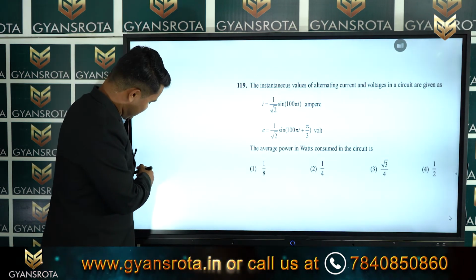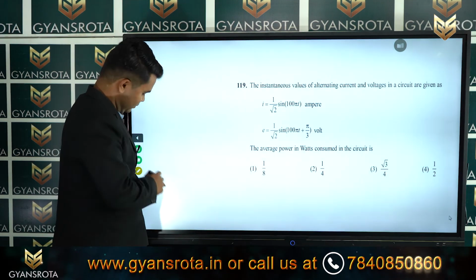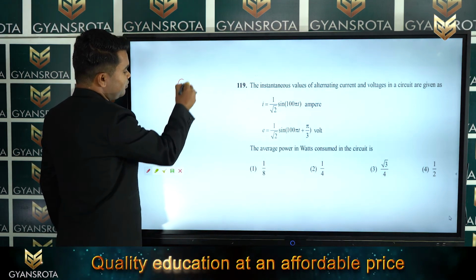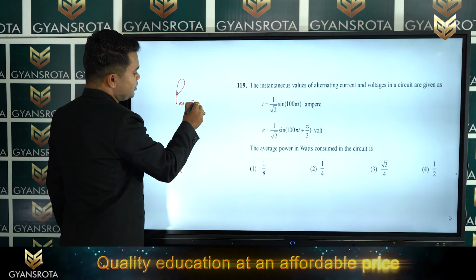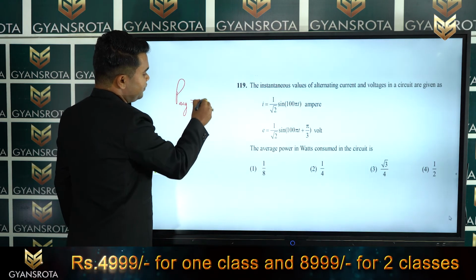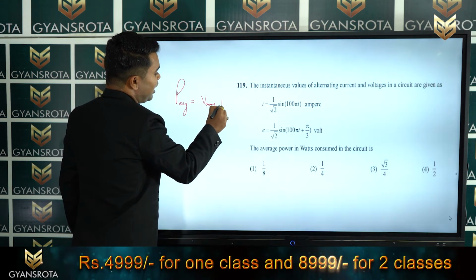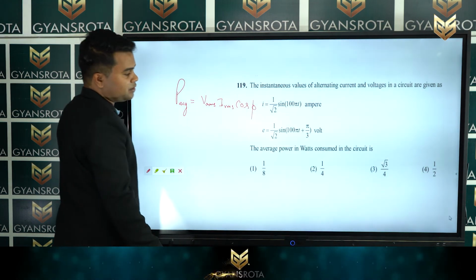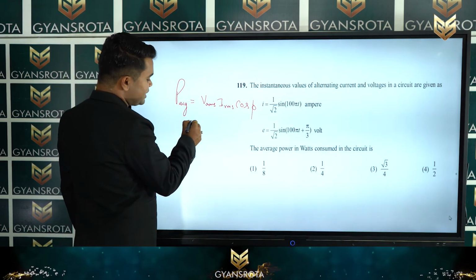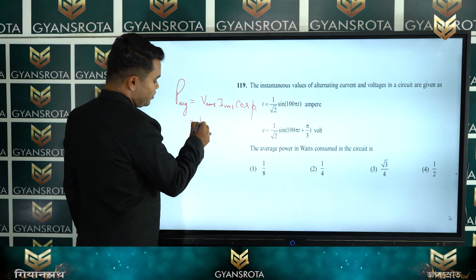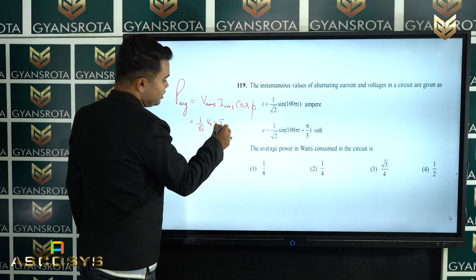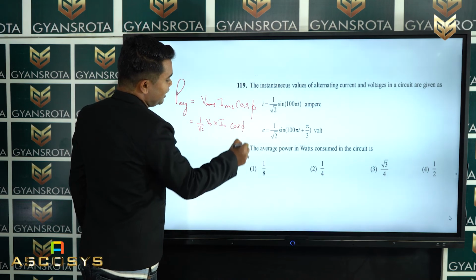So the formula for average power is P average is equal to V RMS I RMS cos of phi. This can be written as 1 by root 2 of V naught multiplied with I naught cos of phi.